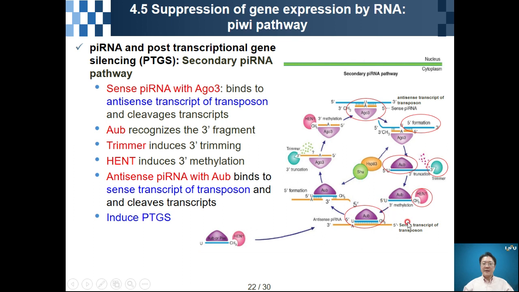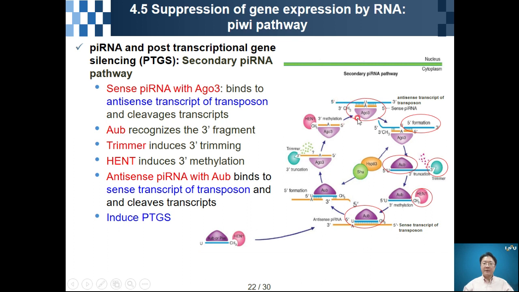So it means that the sense and antisense transcripts of the transposon are initially transcribed in the nucleus. After that, they can be transported into the cytoplasm.